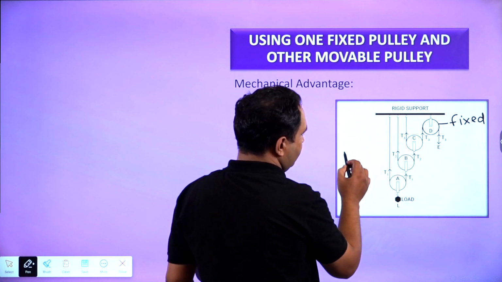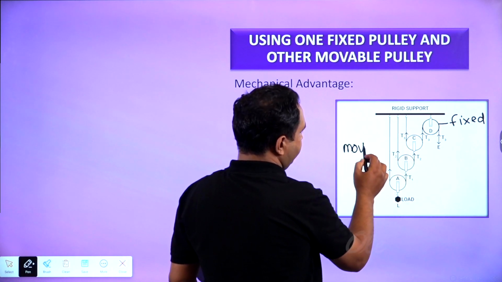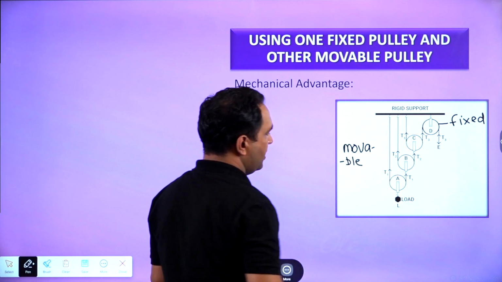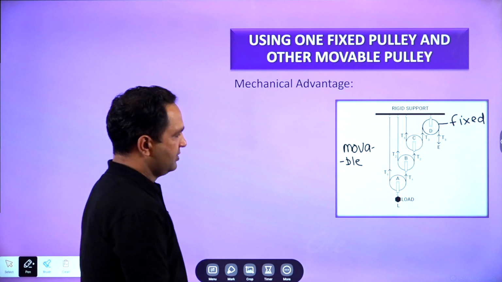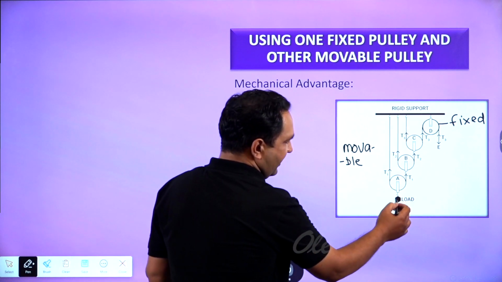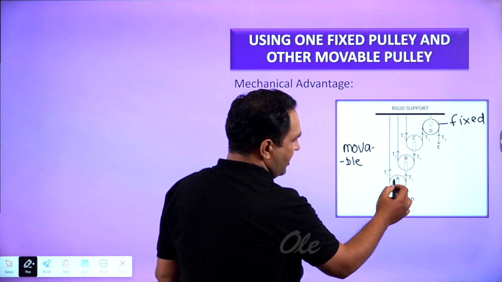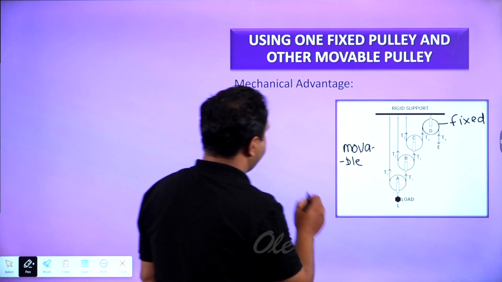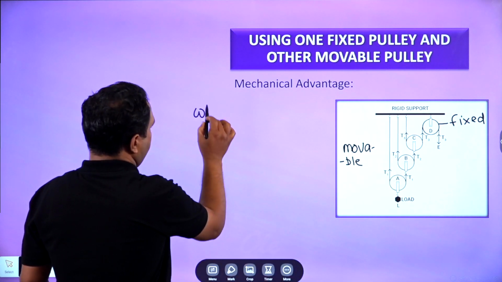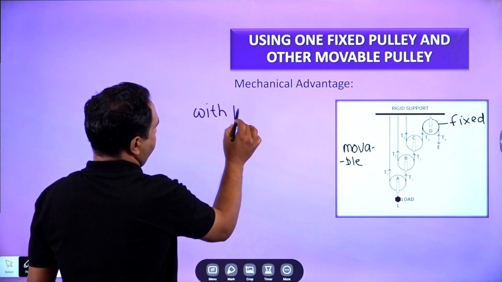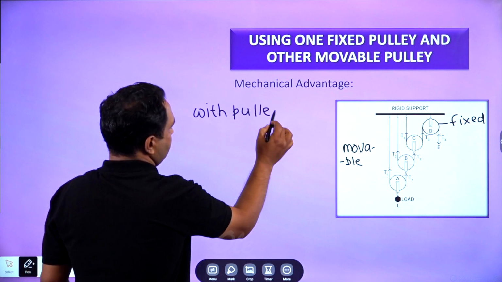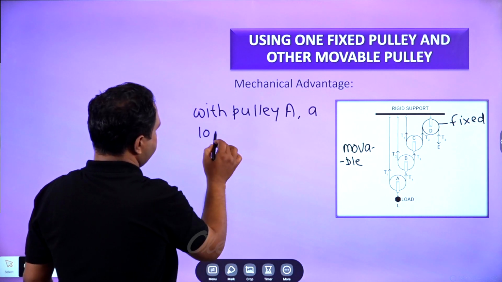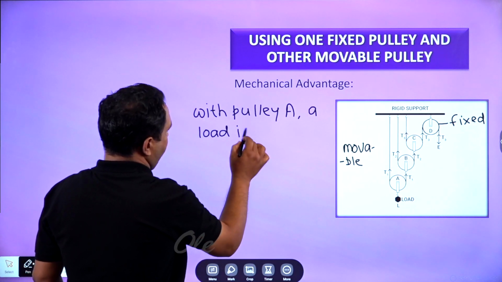These 3 pulleys are movable. Suppose that we are hanging some load L at pulley A.